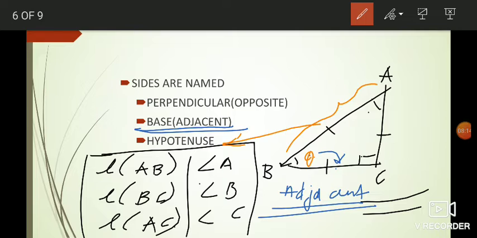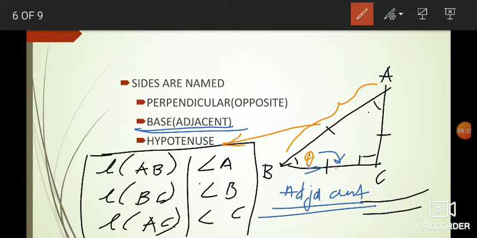So you must listen to the words which I speak very keenly, so you will not be in a problem later on. What I said is side adjacent to the theta, not to any other angle. Side adjacent to the theta is called adjacent.